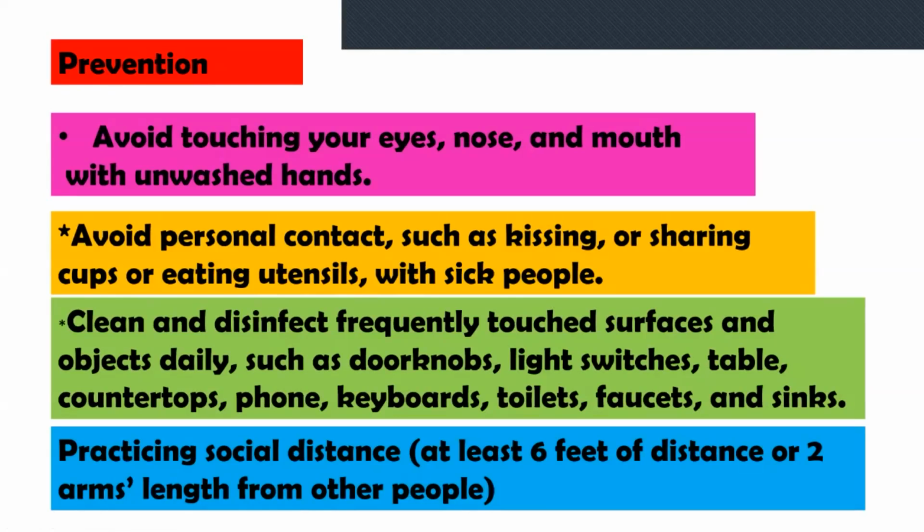Clean and disinfect frequently touched surfaces and objects daily, such as doorknobs, light switches, tables, countertops, phones, keyboards, toilets, faucets, and sinks. And don't forget to practice social distancing, at least 6 feet or at least 2 arms' length from other people.